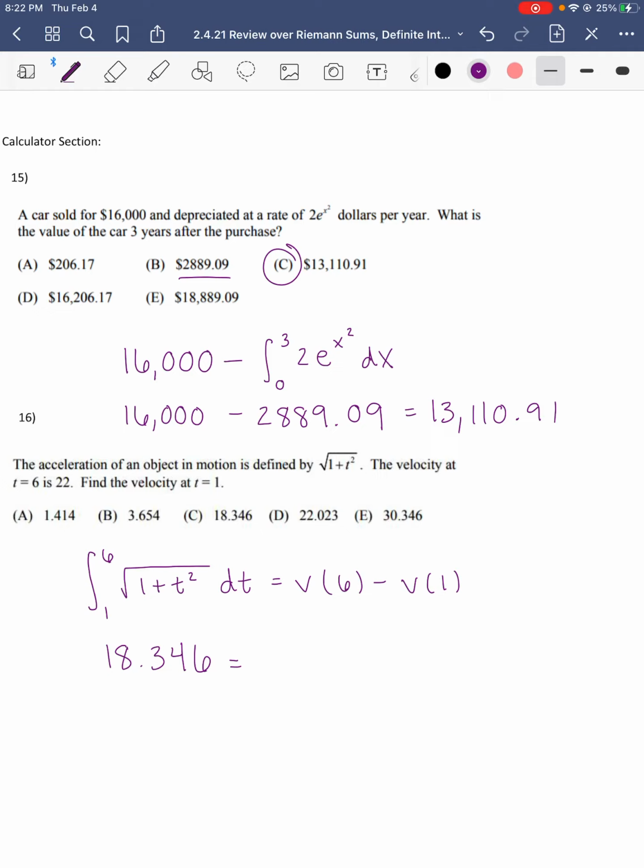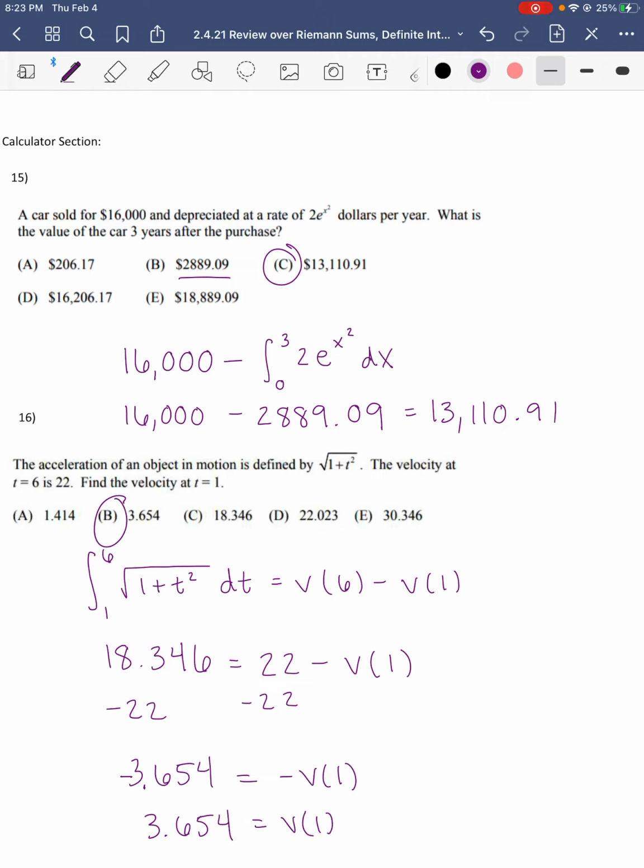And then we know that the velocity at 6 is 22. And we're trying to find the velocity at 1. So I'd subtract 22 from both sides. And 18.346 minus 22 would be negative 3.654. And that equals negative v of 1. So 3.654 would equal positive v of 1. So B would be the answer.